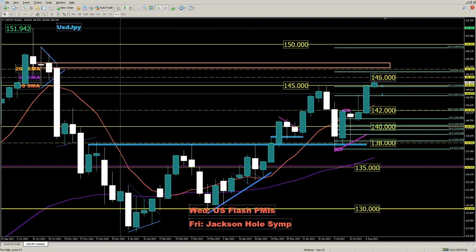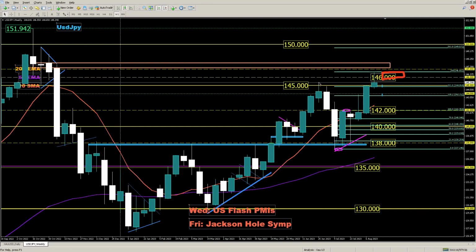And as it's also coming up to a danger area with potential yen weakness where BOJ intervention could come in. So watch out for these areas here.